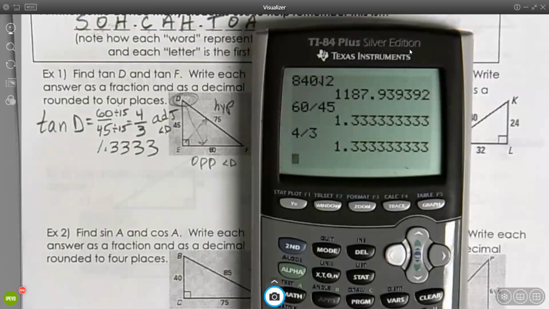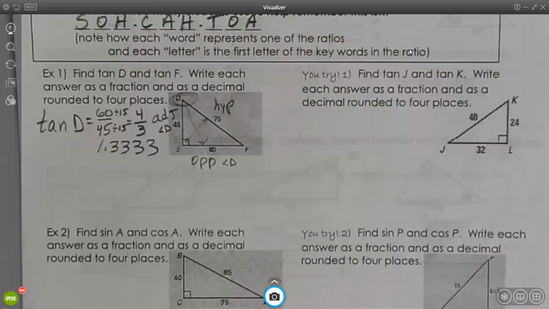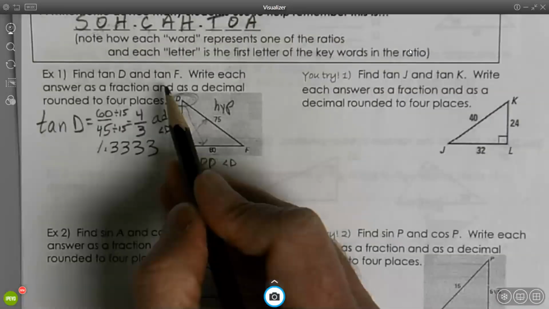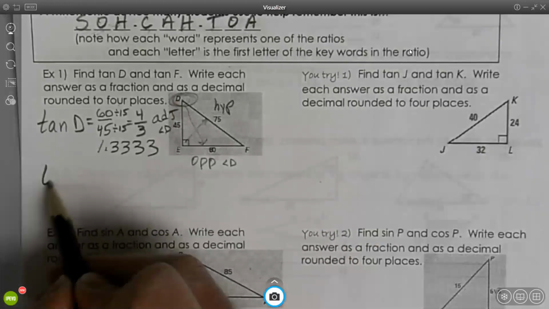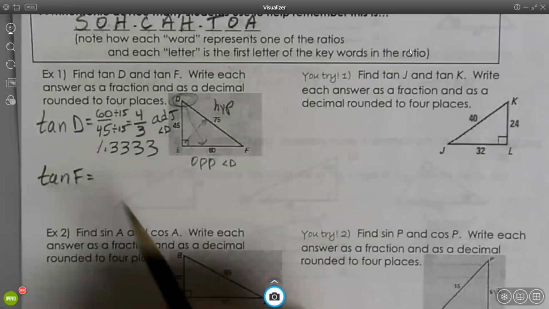When we figure out the decimal, we're not doing tangent of that. We're just doing the fraction itself, or the decimal. Now notice that the tangent of F has a different opposite.